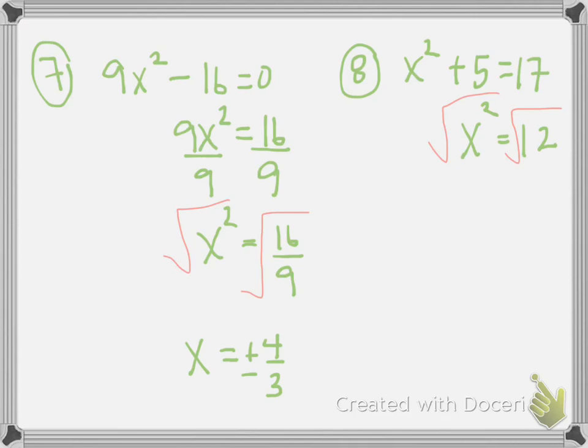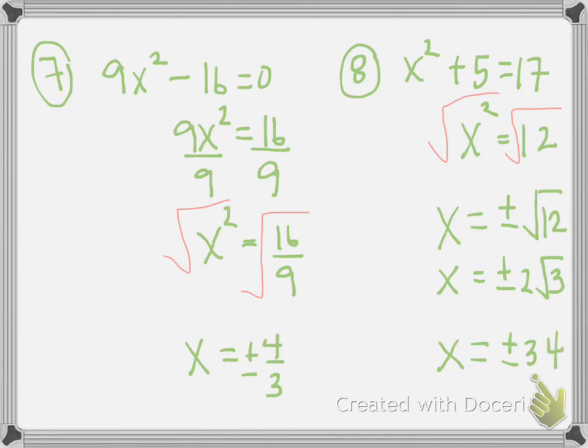So I'm going to have x is equal to plus and minus square root of 12. Or it could be plus and minus 2 square root of 3. Or it could be a decimal, plus and minus 3.46. Okay?